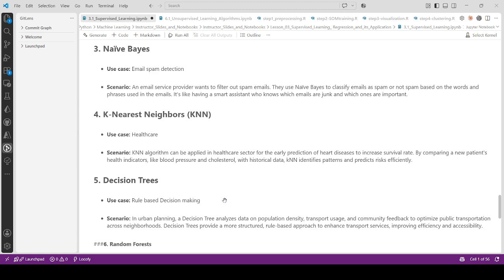Then KNN. The use case is healthcare. The KNN algorithm can be applied in the healthcare sector for early prediction of heart diseases to increase survival rate, by comparing a new patient's health indicators like blood pressure and cholesterol with historical data. KNN identifies patterns and predicts risk efficiently.